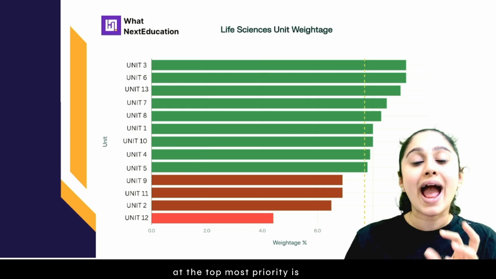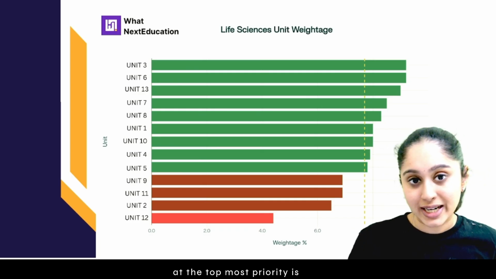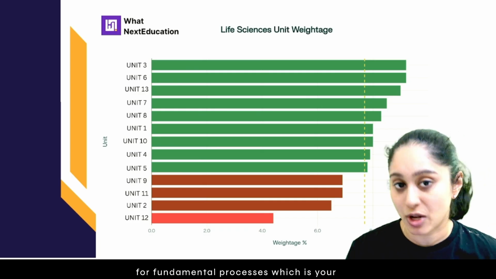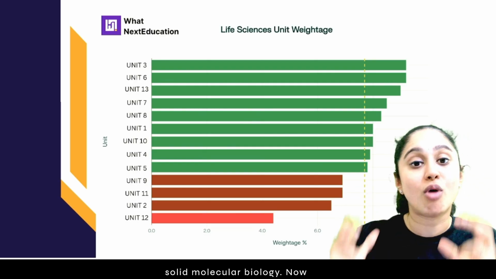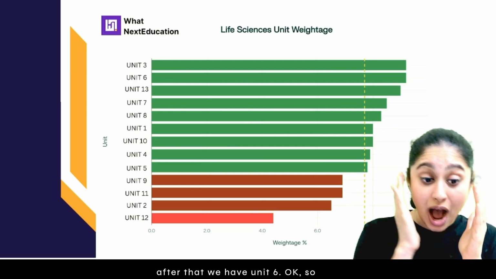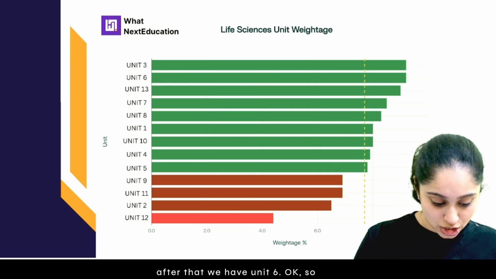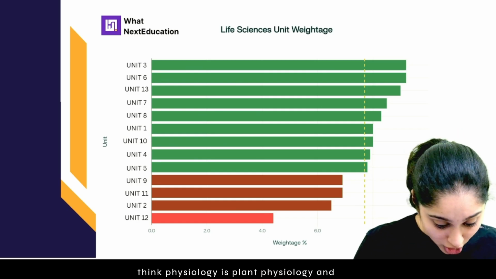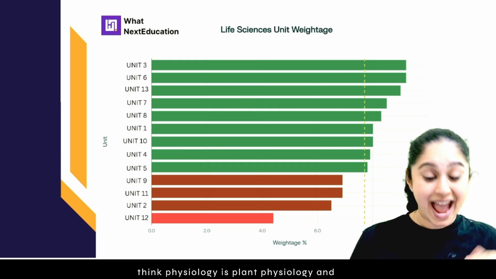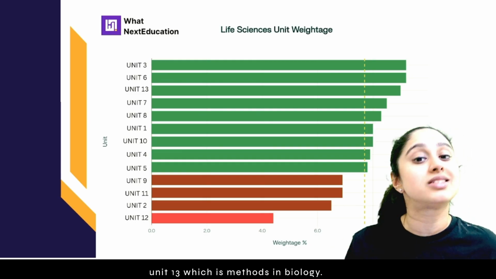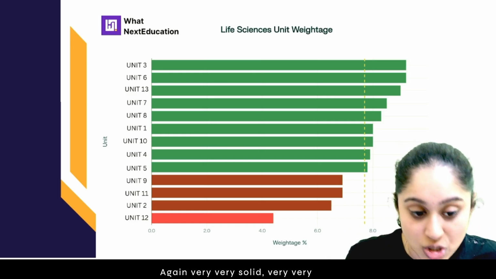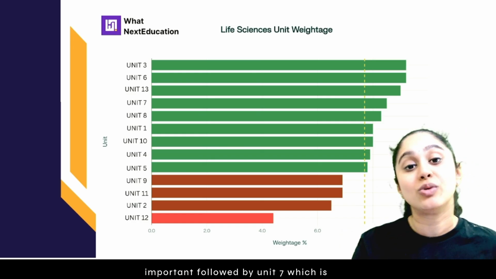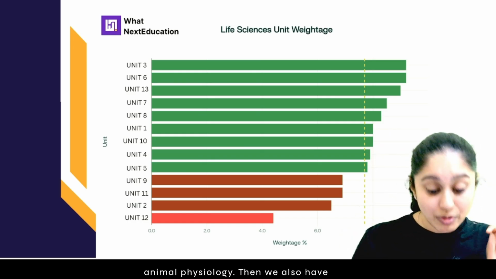Now, the topmost priority is fundamental processes, which is your solid molecular biology. After that we have unit 6, which is, I think, plant physiology, and unit 13, which is methods in biology, again very very solid, very very important, followed by unit 7, which is animal physiology. Then we also have genetics.